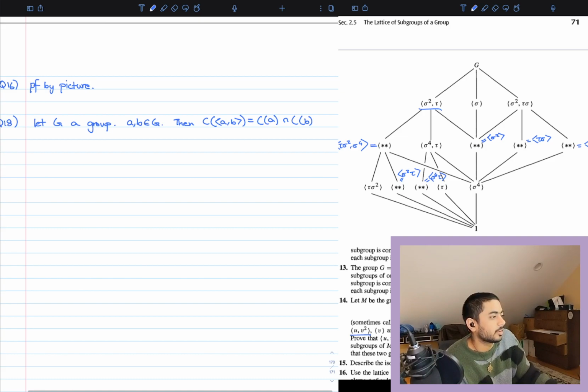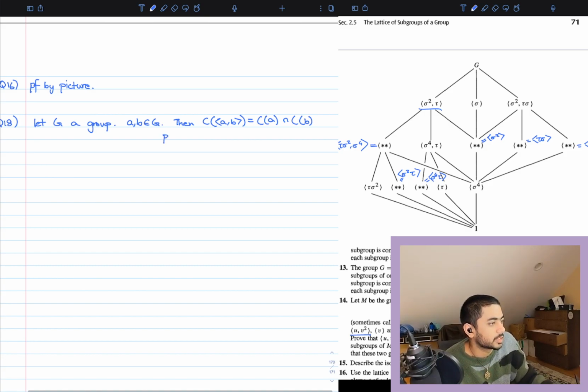So it's really enough to find the centralizers for each element if you want to figure out the centralizer of some larger group. At least as long as that larger group is finitely generated. I don't know if this still works if you use an infinite set in here, but we'll see.